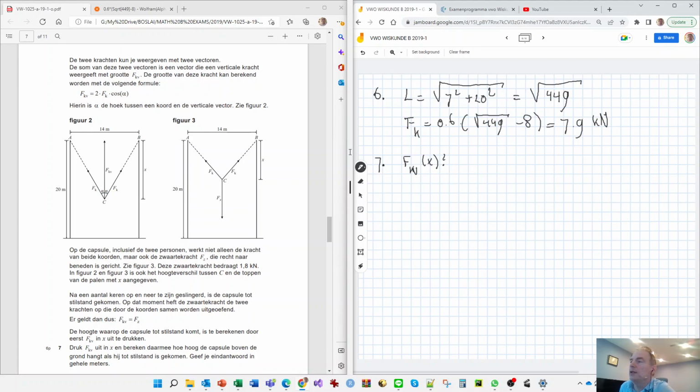So we can calculate the length of the rope, and we find that this L, that's now actually also a function of x, right, is equal to square root of 7 squared plus x squared.